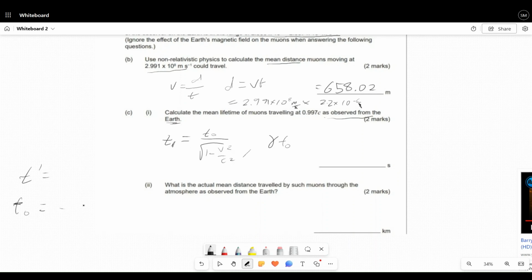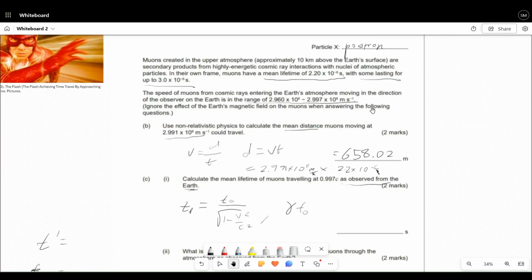So t naught is the time that's measured by the object or person that thinks both events happened in the same place relative to them. So, relative to the muon, its birth and death happen in the same place. From the muon's perspective, time is passing normally. So, the muon thinks this is how much time has passed.